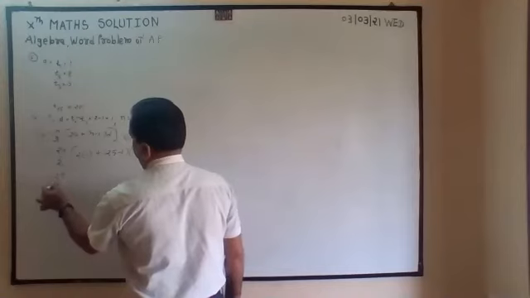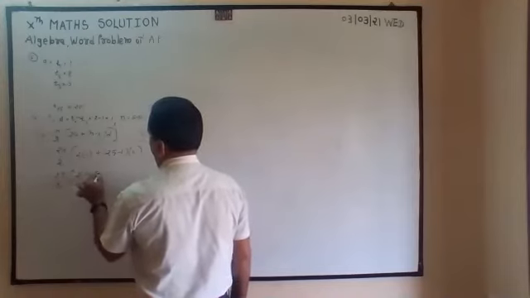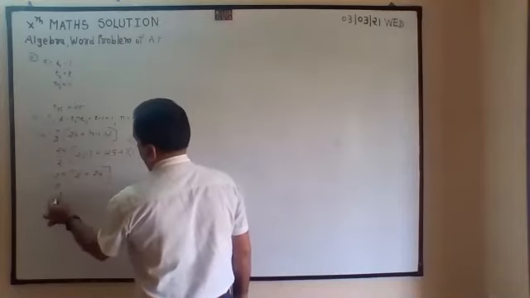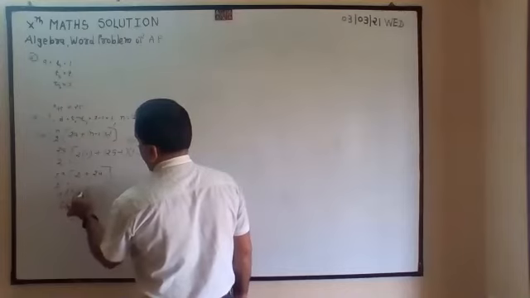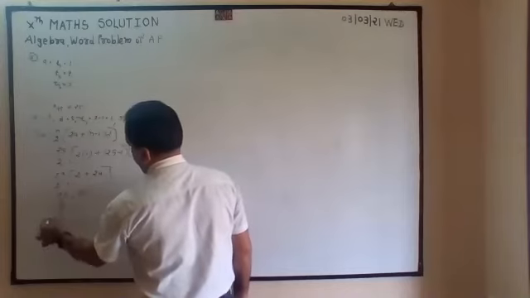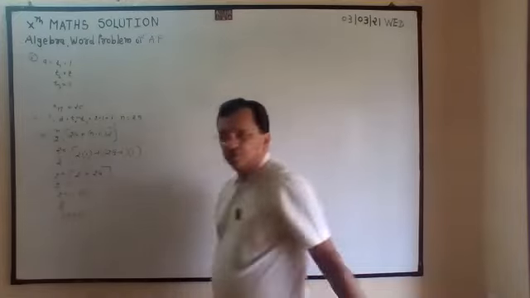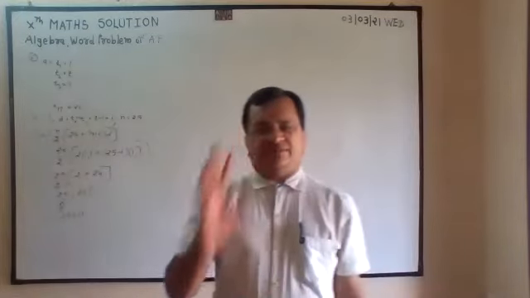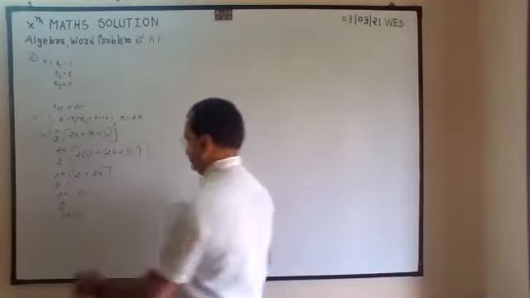Don't do half. 2, 24, 25, 2, 26, 25. When 25, 12 times, it is 300 plus 25.